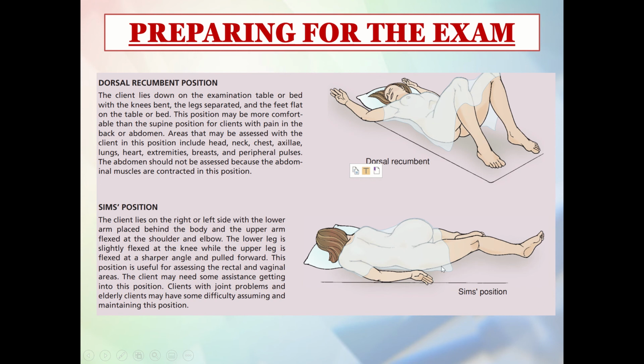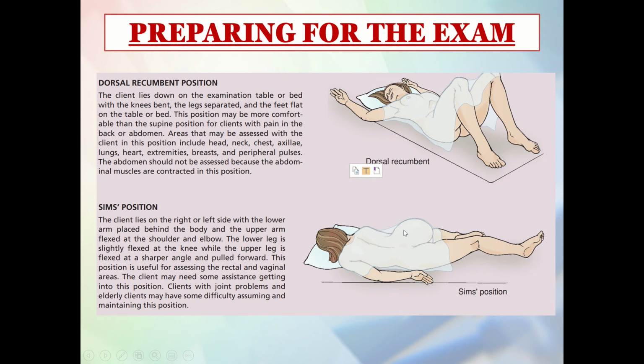Here, the client lies on either the right or left side, with the lower arm placed behind the body, just like this. The upper arm is flexed at the shoulder and elbow.